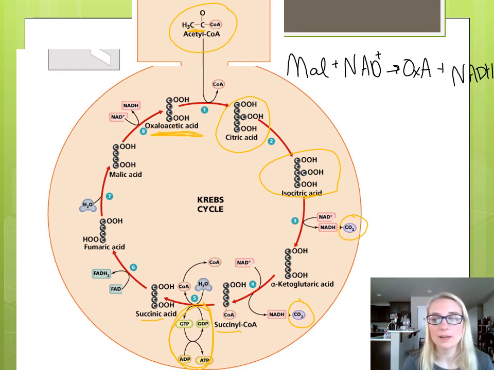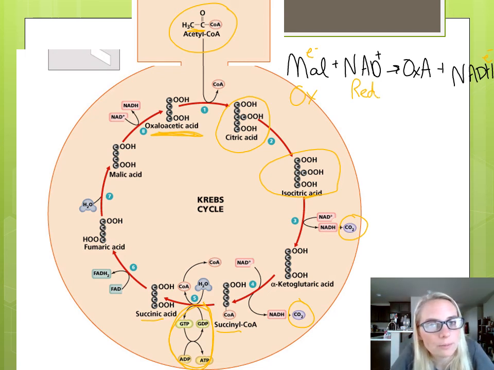So between malic acid and oxaloacetic acid, NAD plus and NADH, who's getting oxidized and who's getting reduced? Those electrons came in with the hydrogen over here, which means they had to have come from malate, which means malate was oxidized, NAD plus was reduced to NADH.